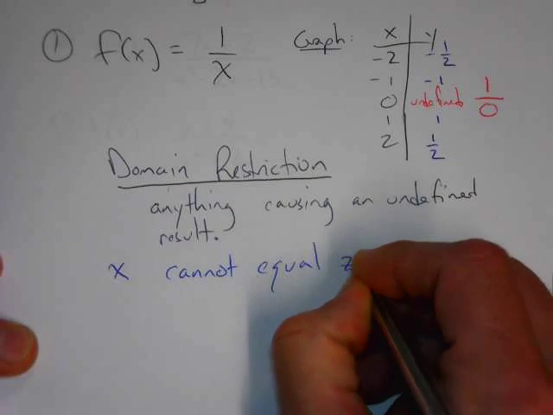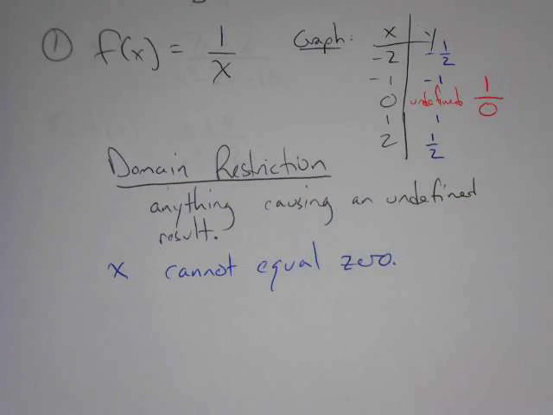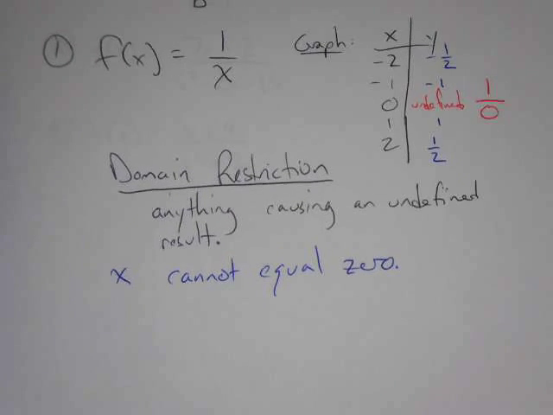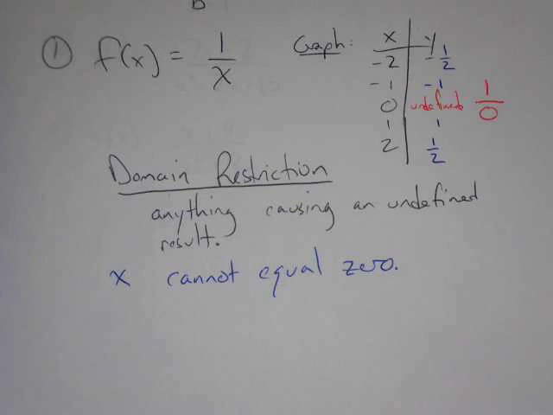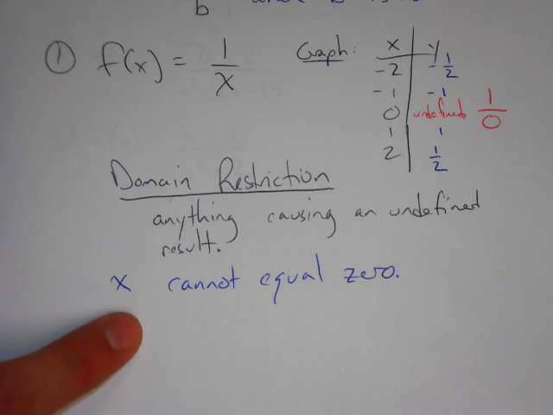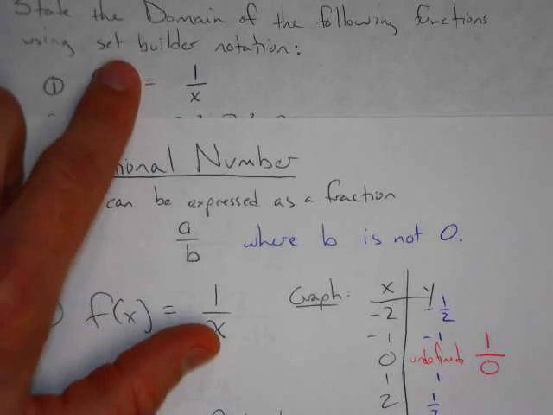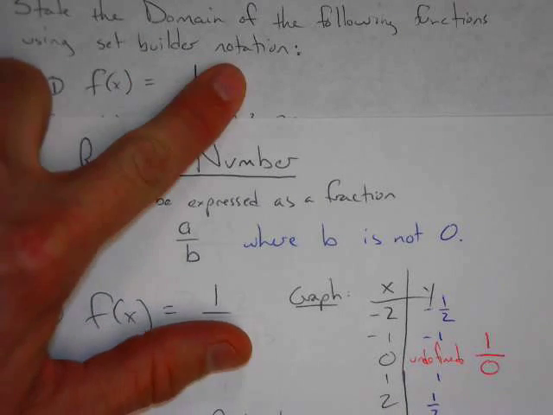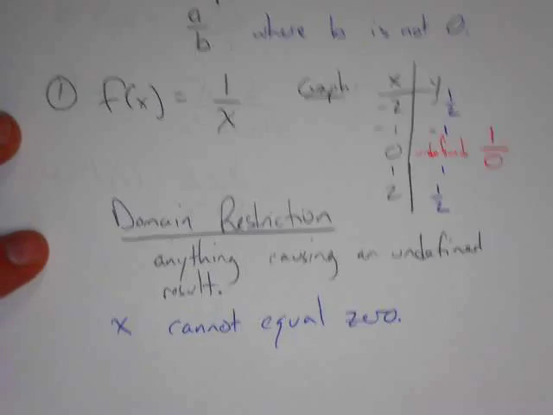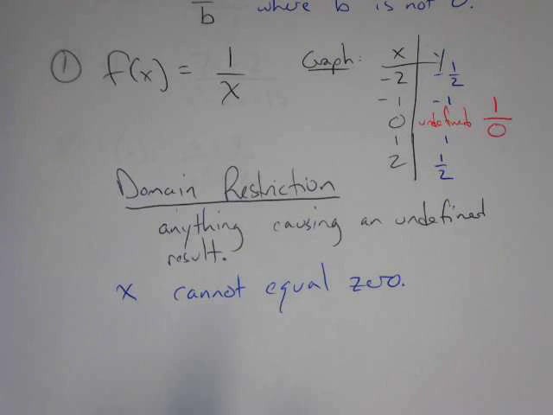Now, because I am me, and you know me, I'm not the nicest guy in the world. Since I am me, I'm going to ask you to report this restriction in something called set builder notation. Okay, so we're going to report this restriction in something called set builder notation.